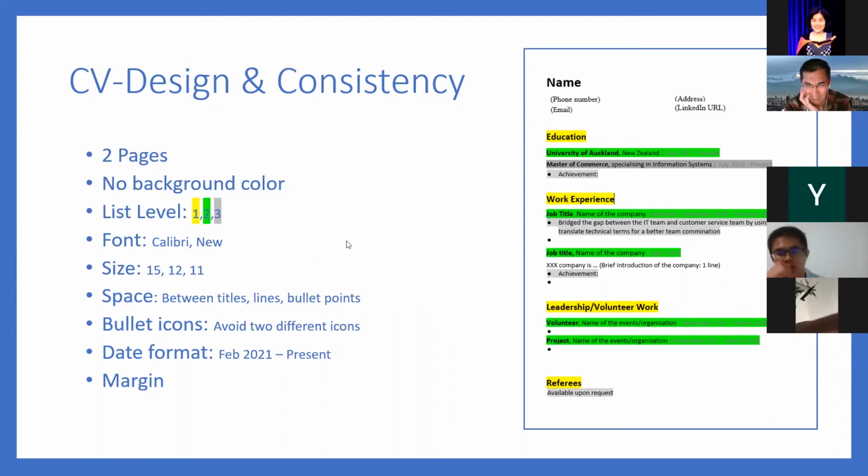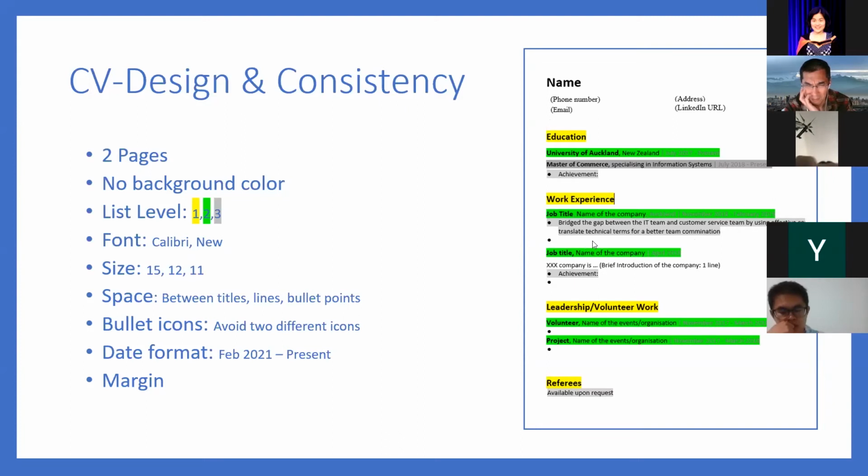I also used Arial. It's also good, but it doesn't really differentiate bolded ones and the ones that are not bolded. So I found Calibri is the one that suits my CV the best. For you, I think you can also try out different fonts and find the best one for your CV. So that's for font and size.